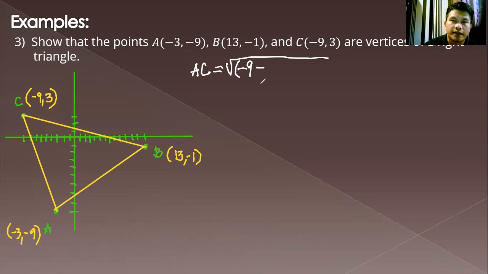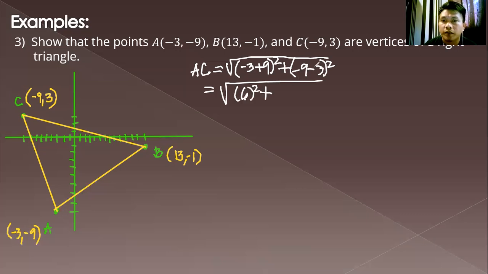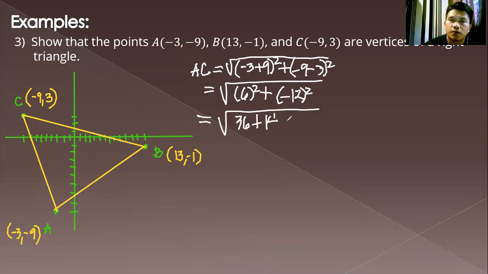we start with the x-values: -3 minus -9, that is +6, squared. Plus -9 minus 3, that is -12, squared. So that is equal to the square root of 36 plus 144, which is 180.